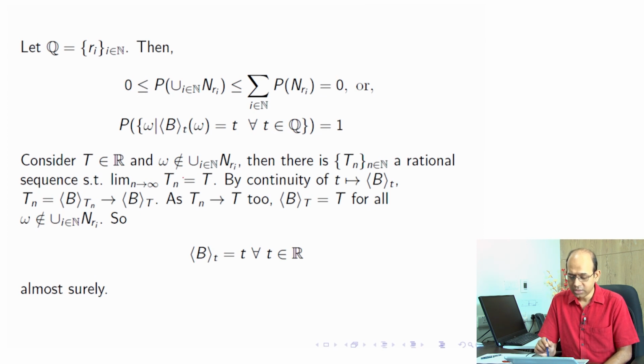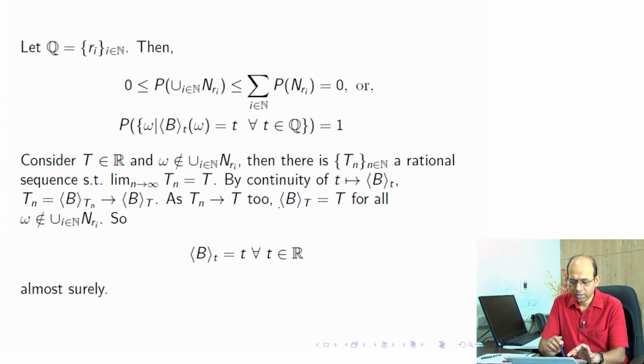However, as Tn goes to T, the quadratic variation at Tn goes to that at T, using the continuity of the quadratic variation process. Therefore we get Bt is equal to T for all omega not in the null set. Here T is any arbitrary real number.